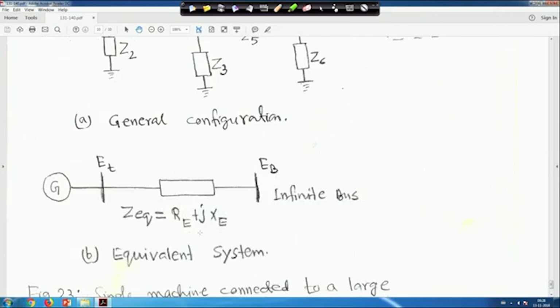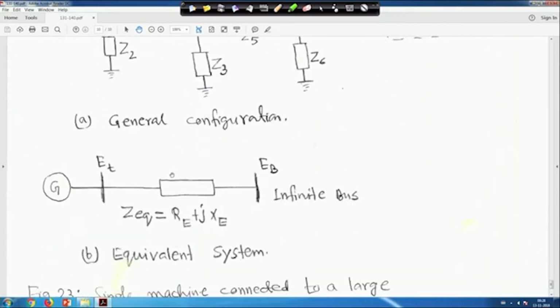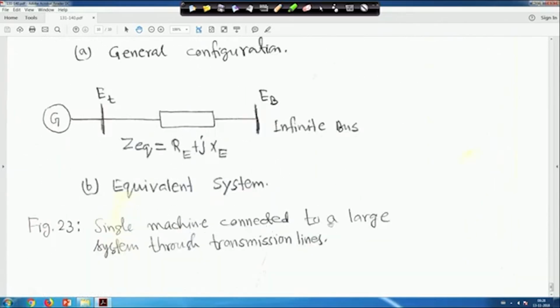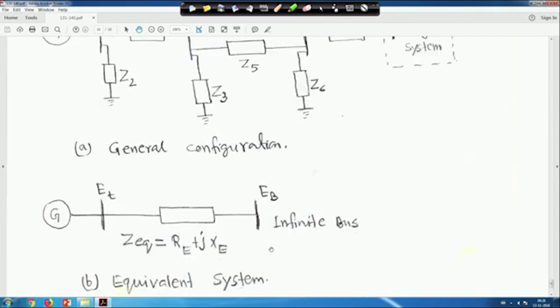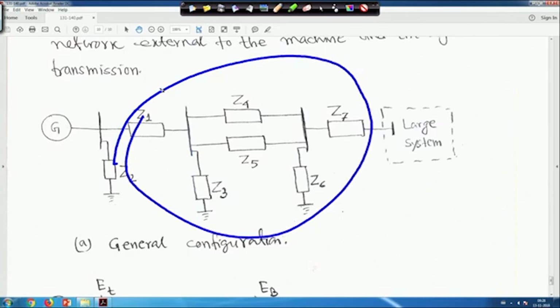So, this is the equivalent system: figure 23A and figure 23B, a single machine connected to a large system through a transmission line. This portion is the transmission system, with all impedances shown, and their equivalent is R_E plus jX_E, and this is a very large power system. This is the generator terminal voltage E_T, and the infinite bus voltage is shown as E_B.